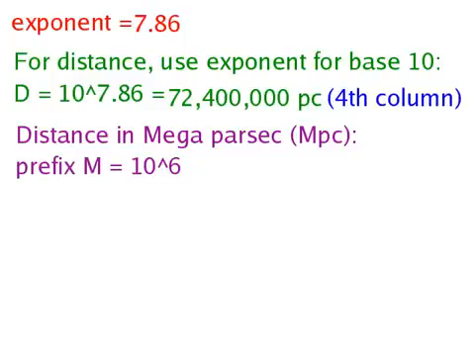So if we go to our number, 72,400,000, and convert it into scientific notation such that we keep the power of 6 as the exponent of the 10, then we'll get 72.4 times 10 to the 6 parsec for our distance.